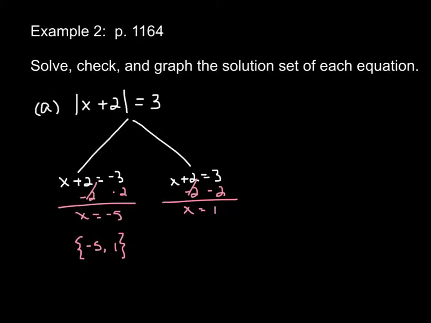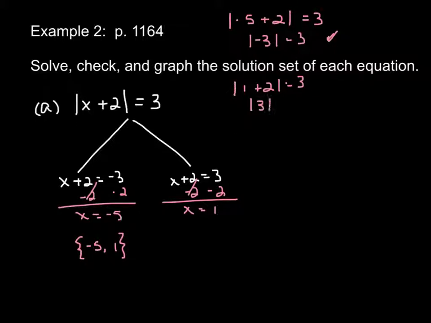It says to check, so we're going to plug them back in. So if I have negative 5 plus 2 equals 3, the absolute value of negative 3 is 3, which is true. And then I also have 1 plus 2 equals 3.